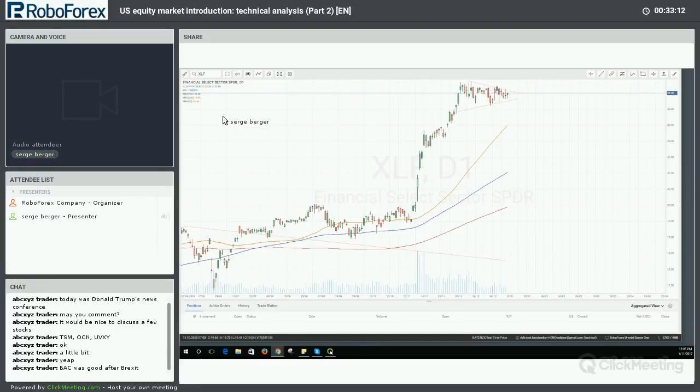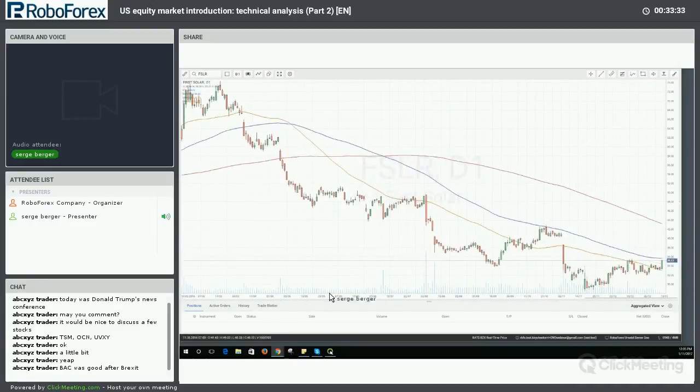Okay, so let's look at something else. Let's go on and look at things like rising wedges, a little bit more of an advanced pattern. I'm just trying to find a stock that had some of these wedges that I can show you.